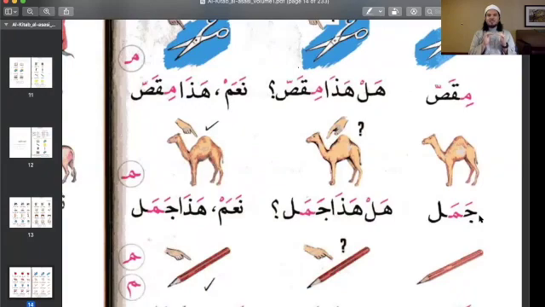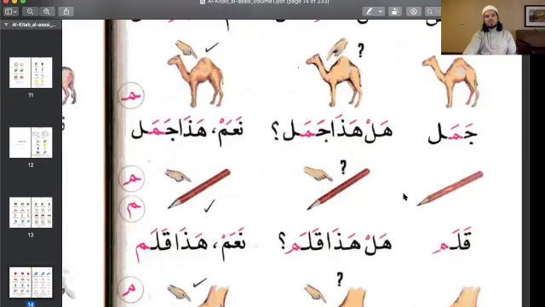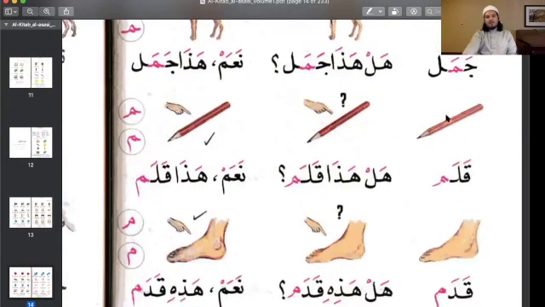In Egypt, they'll say Gamal. Anytime there's a jim, they'll say g. The proper Fusha pronunciation, as we know from the Tajweed course last year, is Jamal, from the middle of the Hanak al-A'la.